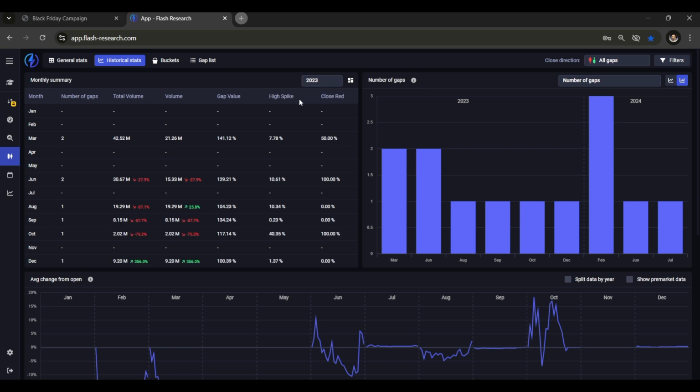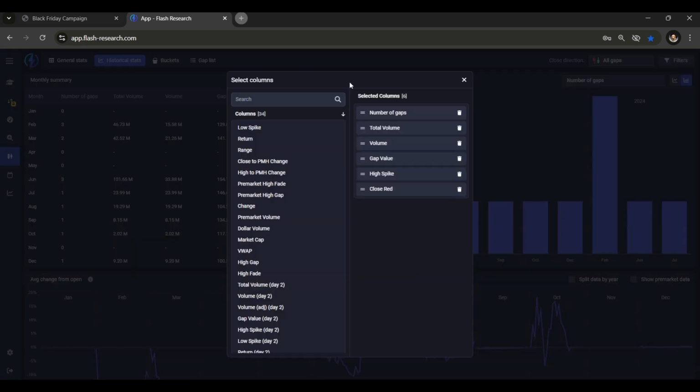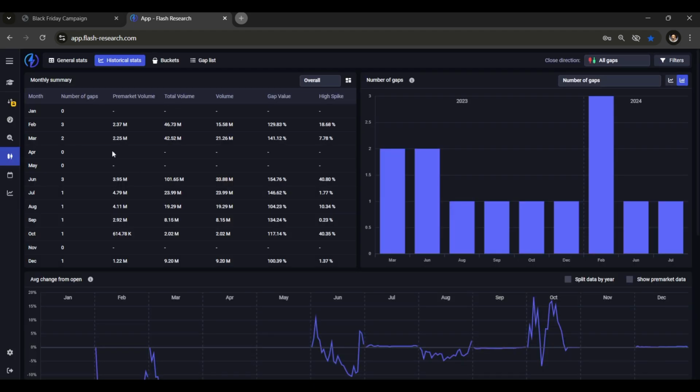We can switch to see the data, and we can also go on overall, and this is a summary of everything. Also, in this little window right here, you can customize the columns, and you can order it, and it will automatically go here. So you can customize this the way you want, to prepare your sessions, to study the market. It's amazing because it allows you to do everything.